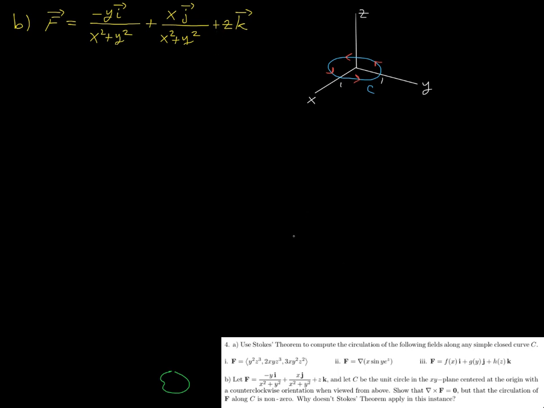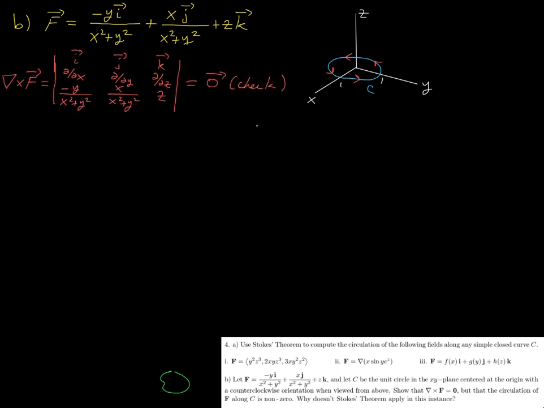Now our job is to show that the curl of this vector field is 0, but the circulation of the field along the unit circle in the xy plane centered at the origin with a counterclockwise orientation is not 0. And so the question says, well, why doesn't Stokes' theorem apply in this instance? Well, let's first discuss the curl.